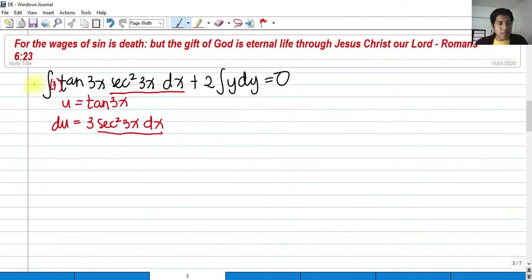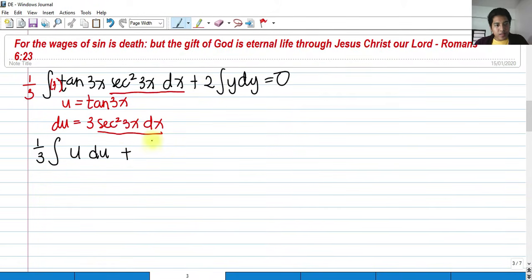Upon multiplying by 3 inside the integral, we must multiply outside the integral by the reciprocal of what we multiplied inside, so that is 1/3. So 3 secant squared 3x dx is simply our du, and tangent 3x is our u.